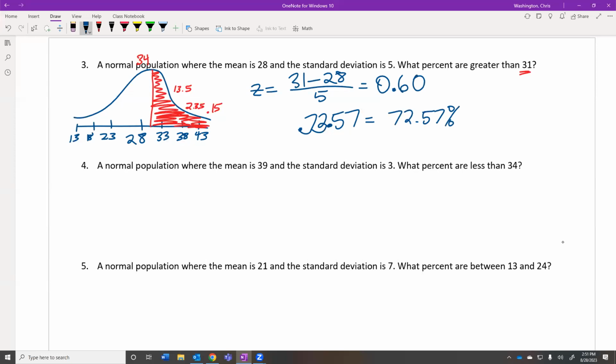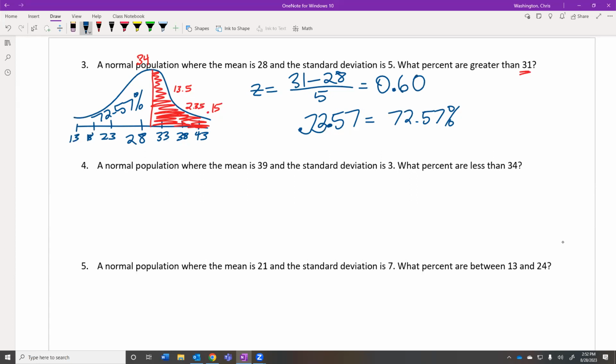You can change the word area to percentage, the percentage under the standard normal curve to the, what's that one word right there, to the left. So what we just found, the 72.57% is actually all of this over here, not the red that we're actually looking for in this case.